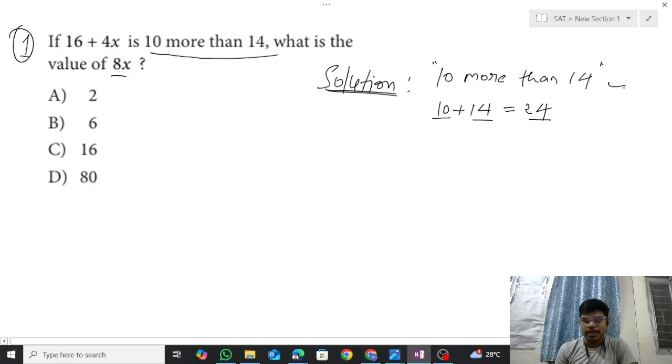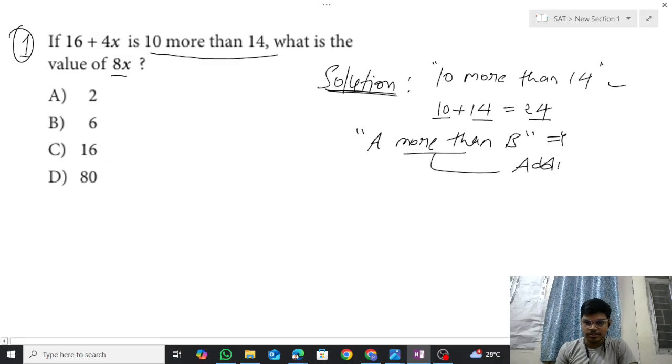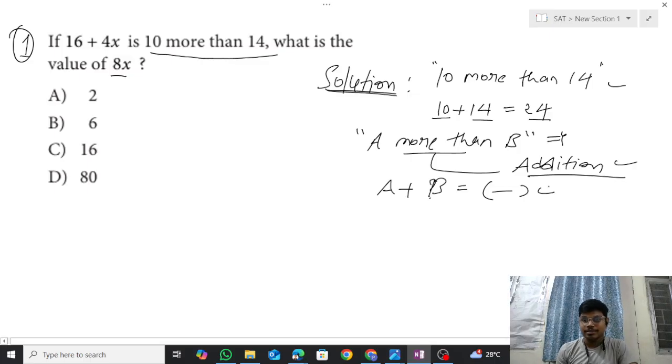So this is the meaning of 10 more than 14, because in mathematics, if I have the term a more than b, its meaning is addition. Basically we add some value a plus some value b, which is a plus b.